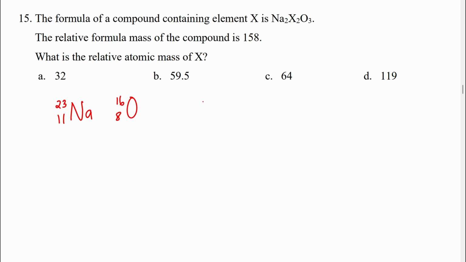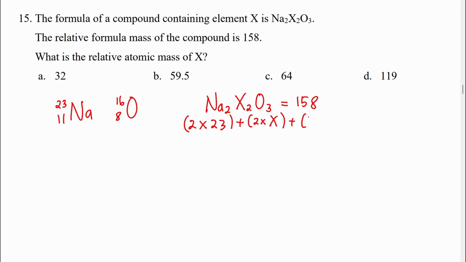So we have Na2X2O3. And altogether, here the mass of this compound is 158. So how many sodium we have in here? 2 sodium, right? Na2. And 1 sodium, the mass is 23. So 2 times 23 plus 2 times X plus 3 times oxygen. The mass of oxygen is 16, right? So equals to 158.